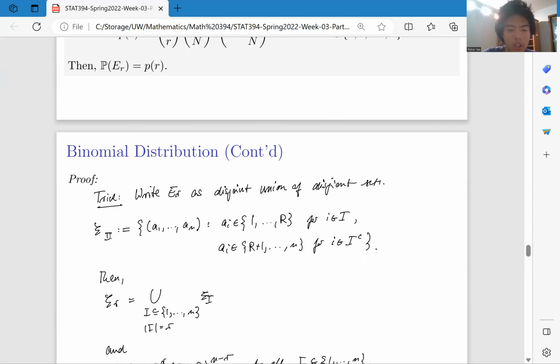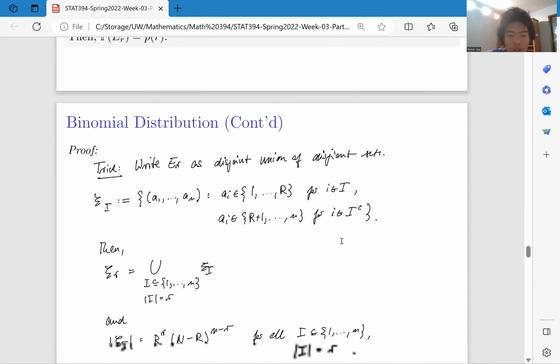If we want to describe the event E_I happening, Ai belongs to the set I in the range of 1 to R, but the Ai outside of the capital I set will become R plus 1, R plus 2, up to the capital N. And that's all.